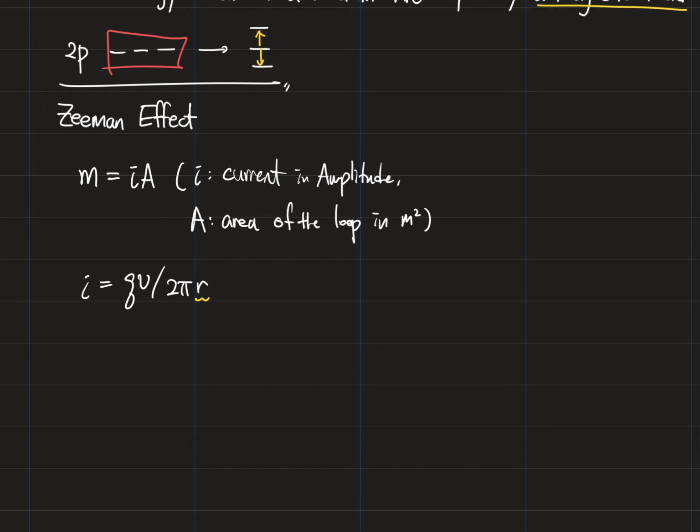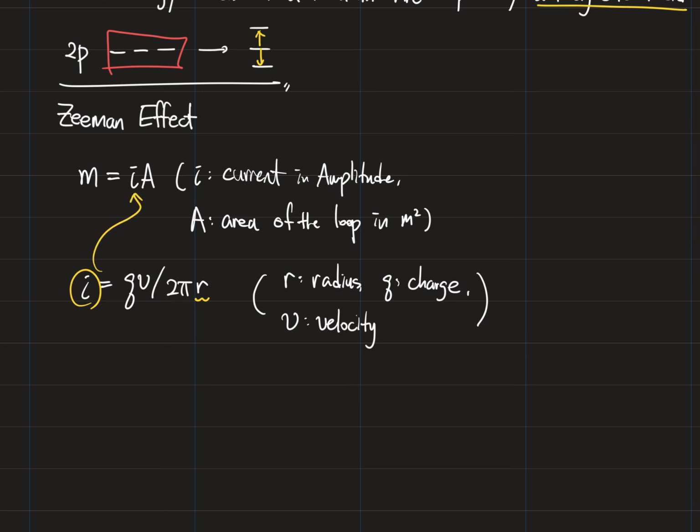So r is the radius of that circle, Q is the amount of charge, and v is the velocity. If you plug the current value into this equation, the magnetic dipole will be QrV divided by 2.